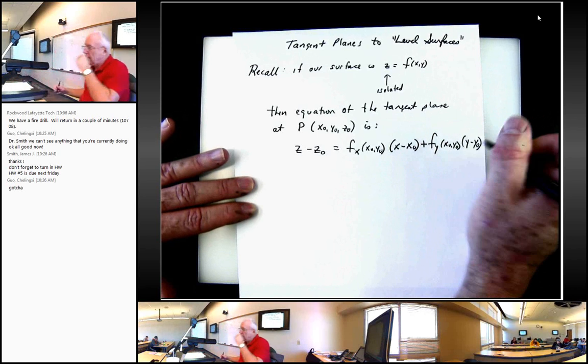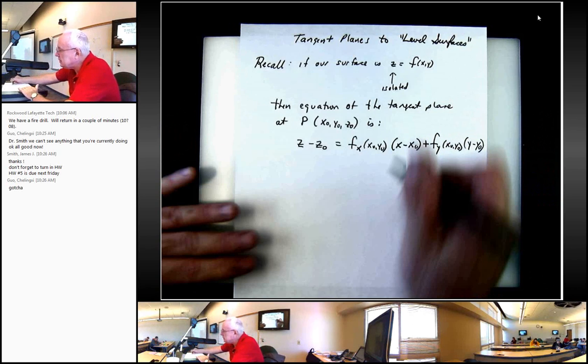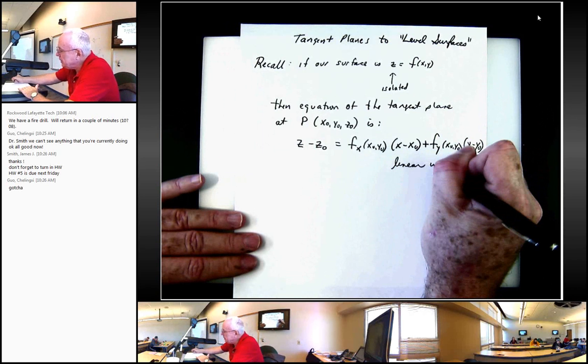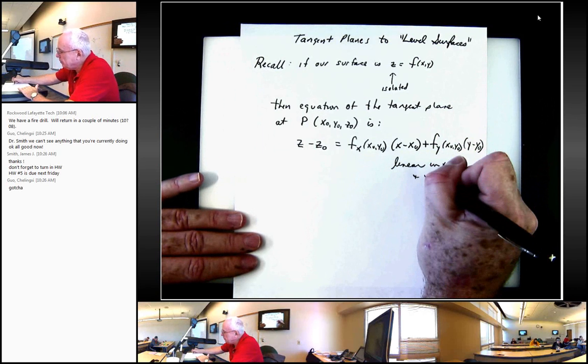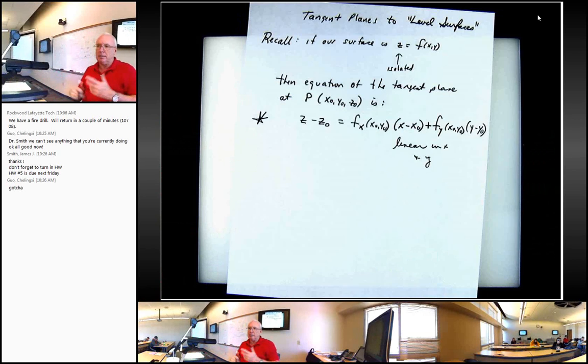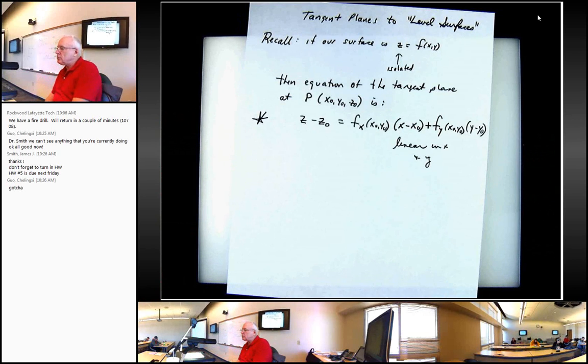And this is linear in x and y. Let me put an asterisk by that because that's something I want you to remember.